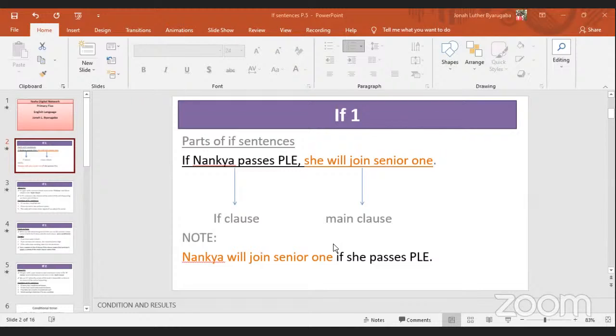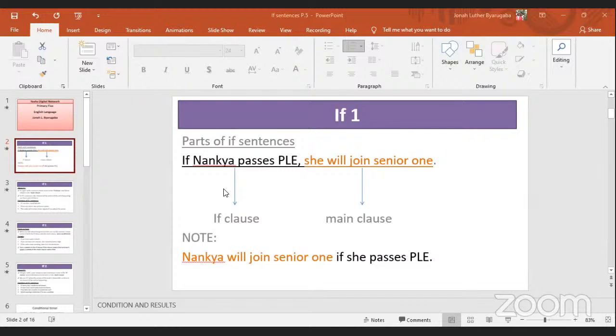That is the past perfect tense. If Nankia had passed PLE. That is what I wanted. Actually the name is not Nakia, it is Nancha. So that's what I wanted.